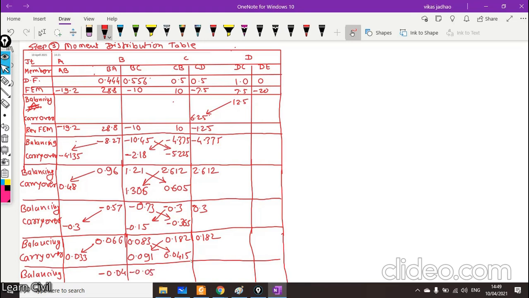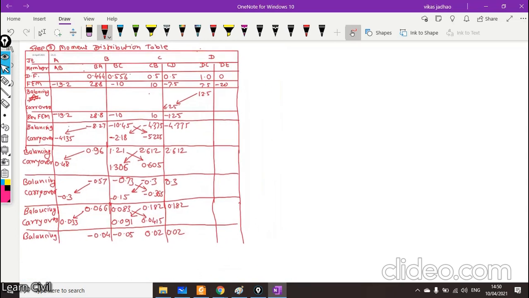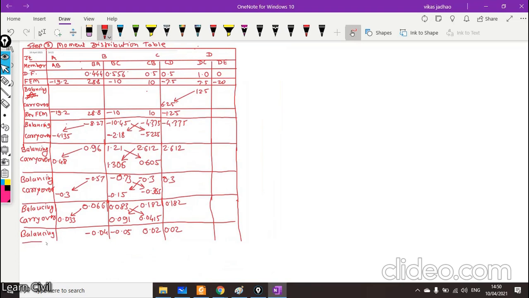Okay, here this 0.415 will be shared by CB and CD in proportion of their distribution factor. So this value will be 0.02 and 0.02. Okay, so this is how the balancing and carryover is carried out.